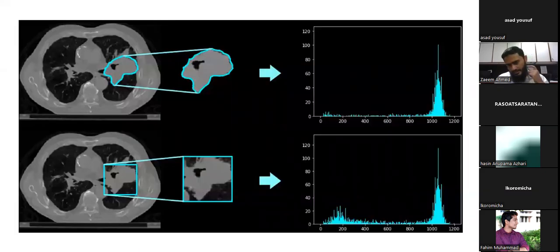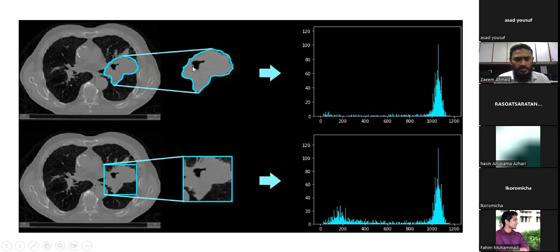So let's have an example. For example, this is a lung. We have a CT scan of the lung, and we segmented a volume from that patient scan. If you translate it on the basis of pixels and their intensity values, on the right side is the histogram of this one.